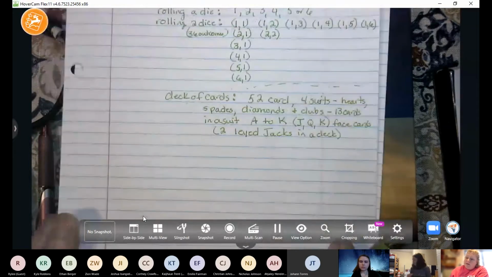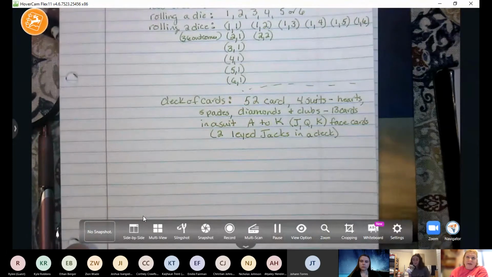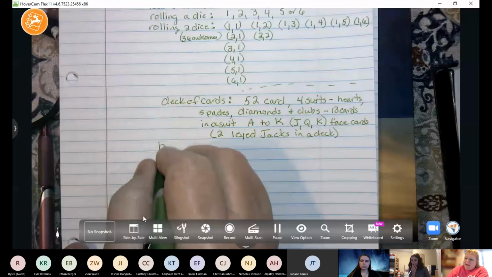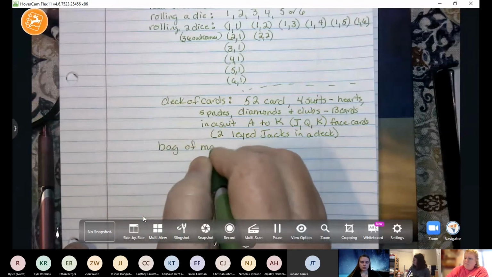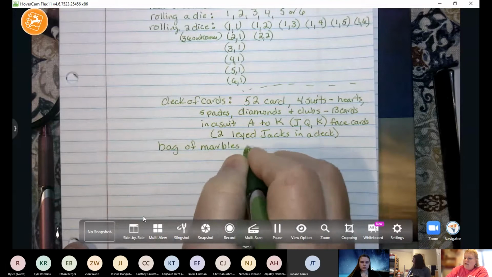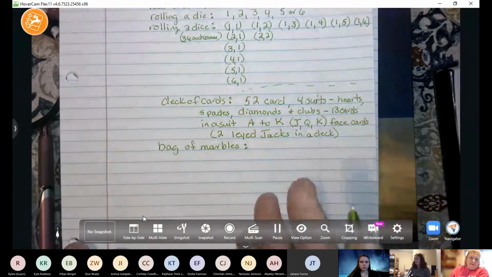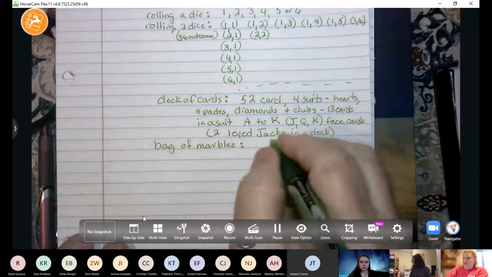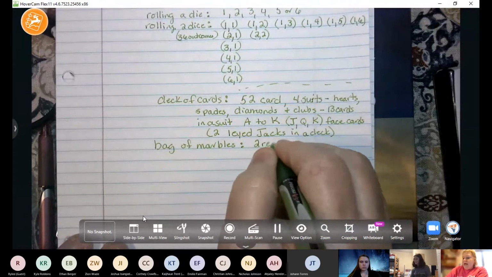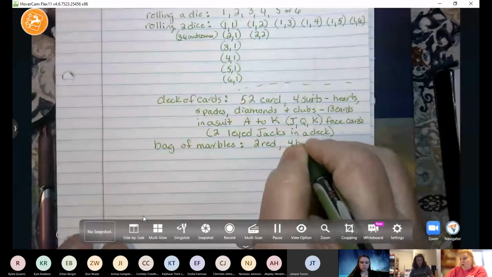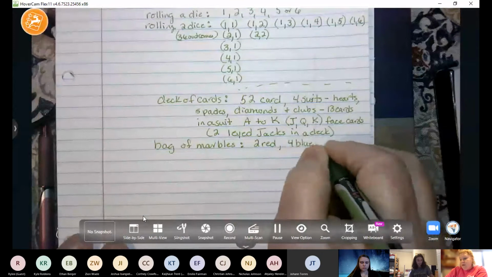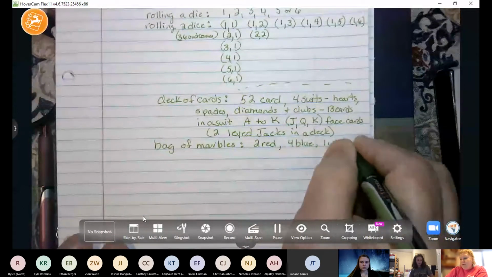Sometimes you're picking items out of a bag, like a bag of marbles, and it will have to tell you what's in the bag that you're selecting from. So it might tell you that you have 2 red marbles, 4 blue marbles, and 1 white marble.